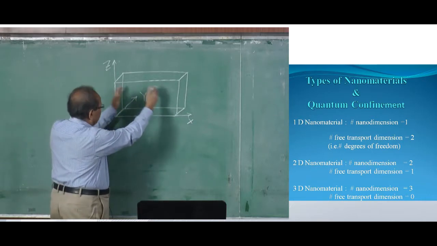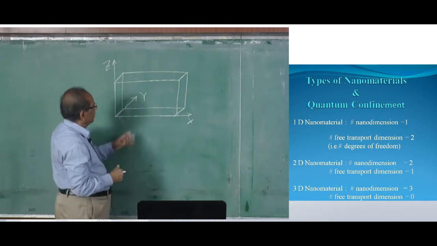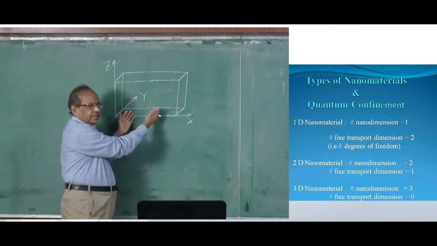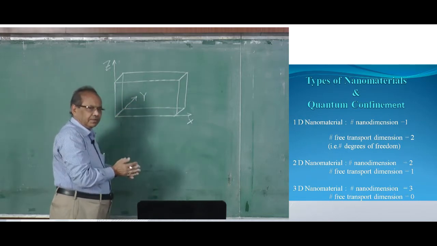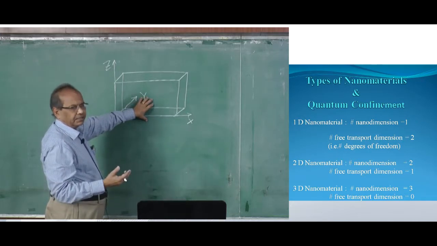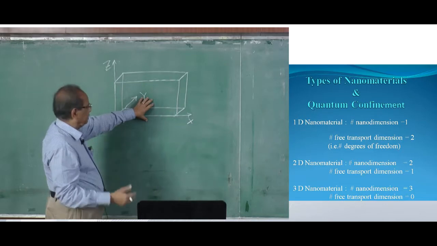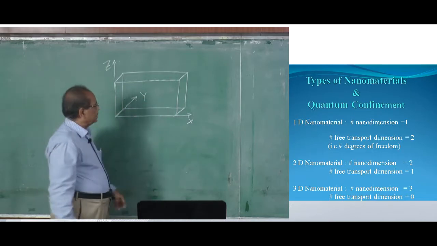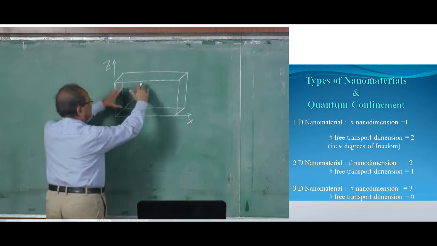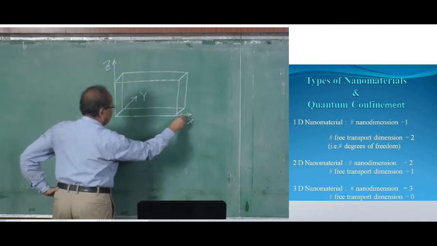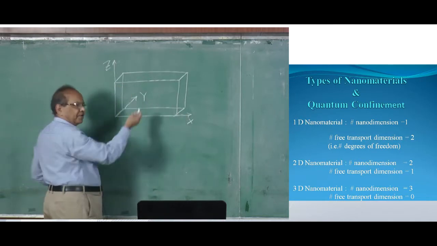The free electrons, if you take a semiconductor or a metal, there are so many free electrons here. In the semiconductor, there are free electrons in the conduction band. So we are taking interest in the free electrons, and if the size is very big, then the electrons can move in the X direction, Y direction and Z direction freely.